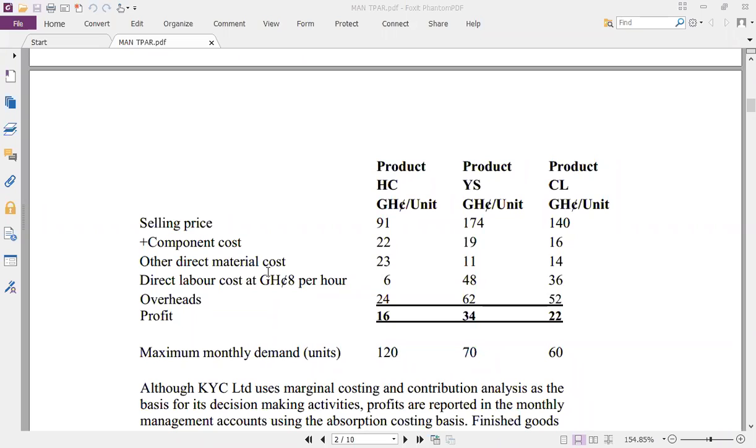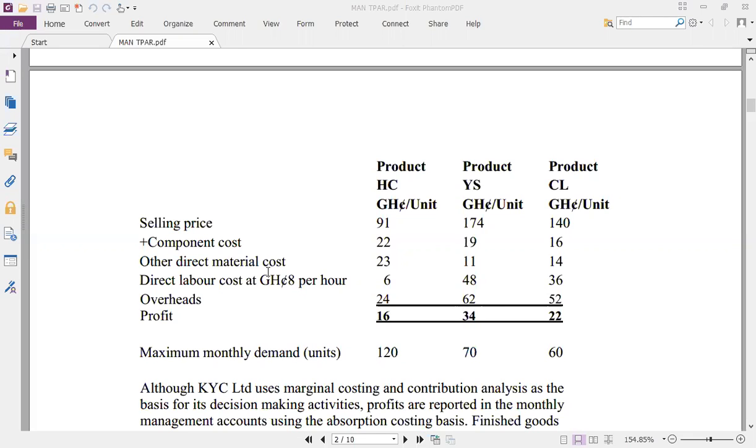So now let's see. Components will be parts. So components here are 22, 19, 16. Then what again? We have other material costs, also part of material.